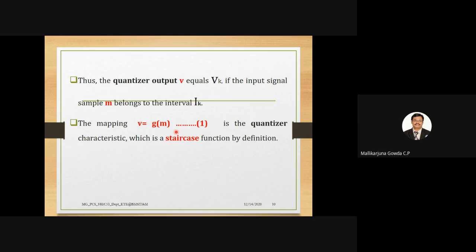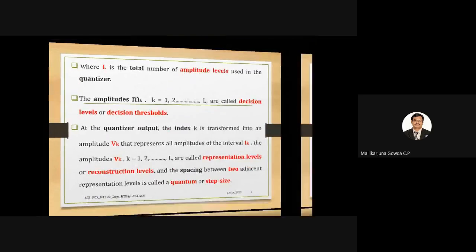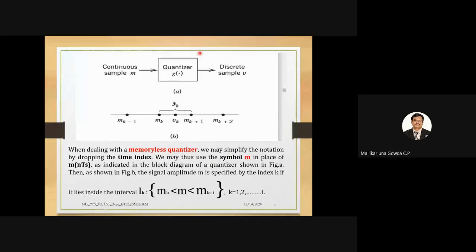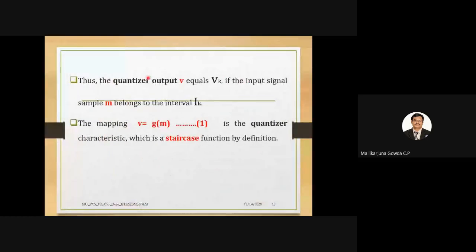G is the quantizer function, right? With respect to this block diagram, the discrete sample V is equal to G of m, where m is the input. So that is why it is written V is equal to G of m.